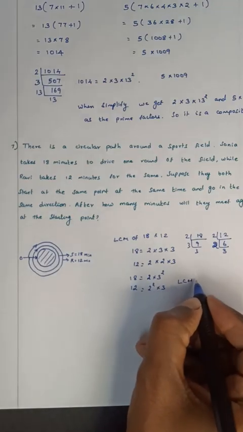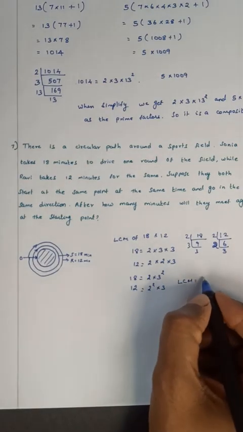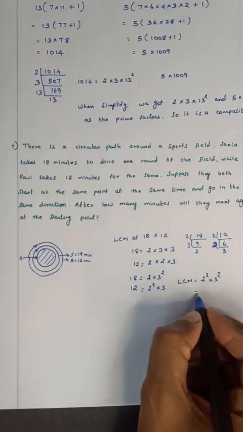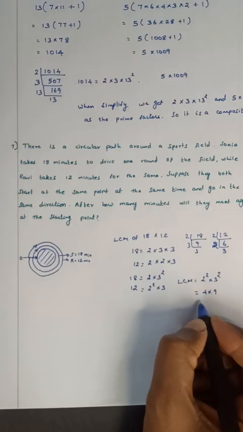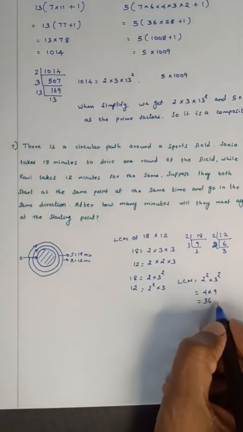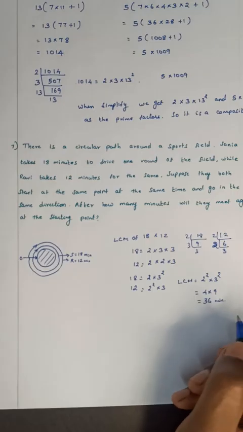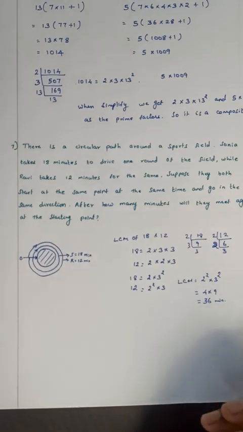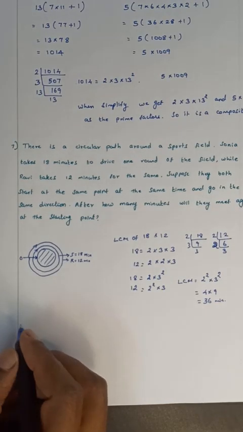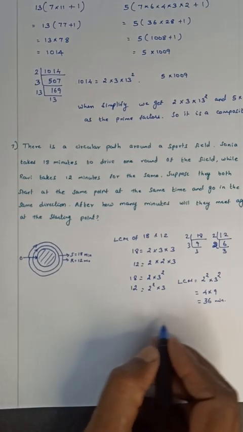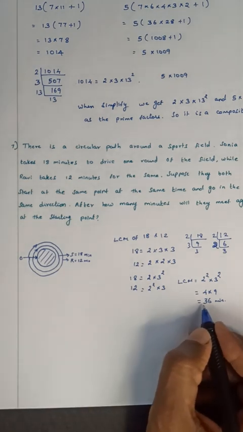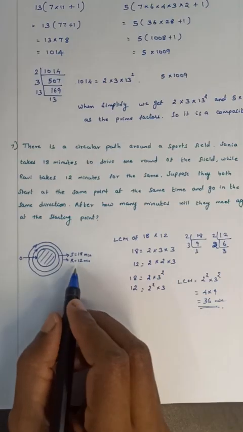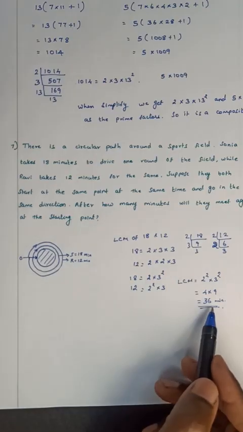The LCM takes the greatest power of 2 and 3, that is 2 power 2 and 3 power 2, which is equal to 4 into 9, equal to 36. So they both meet at the 36th minute. They will meet at the starting point after 36 minutes. Both Sonia and Ravi will meet at the starting point at the 36th minute.